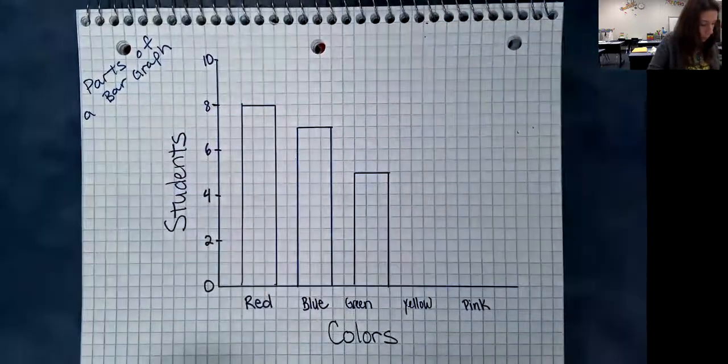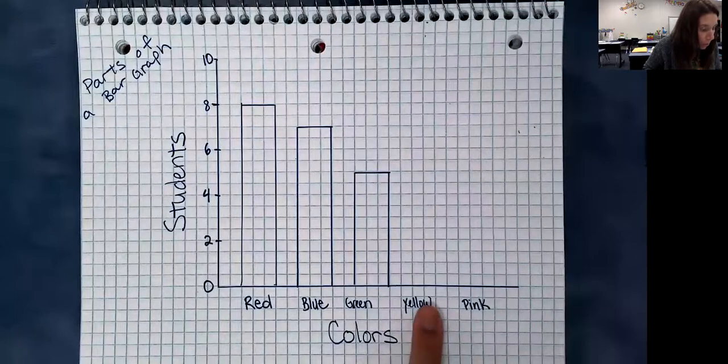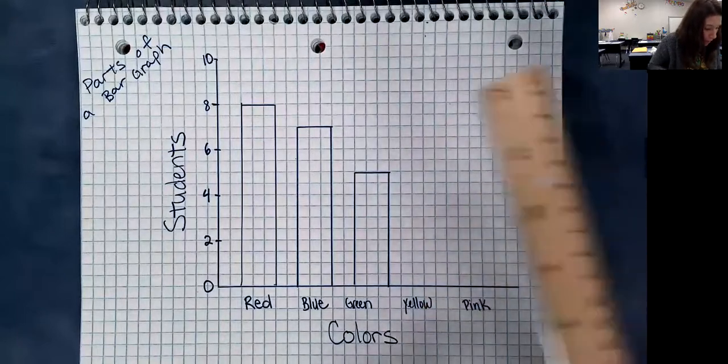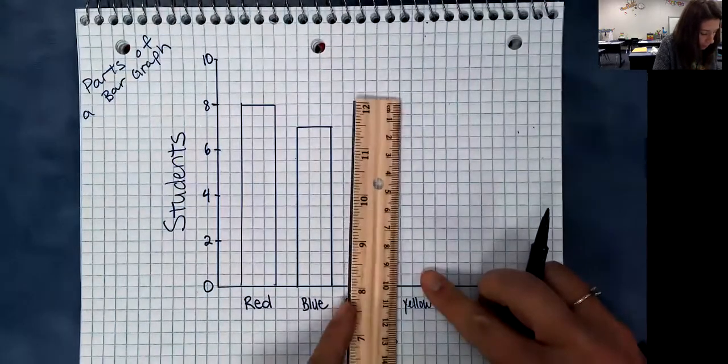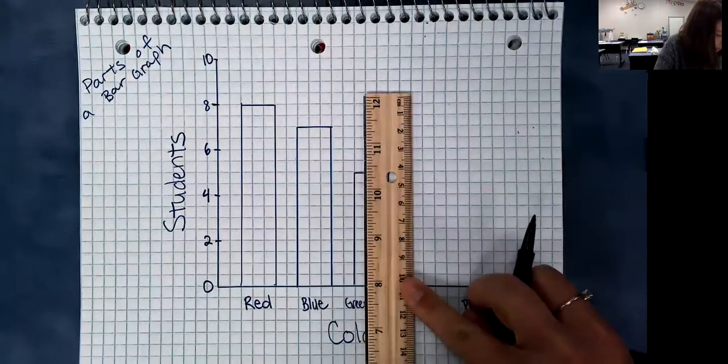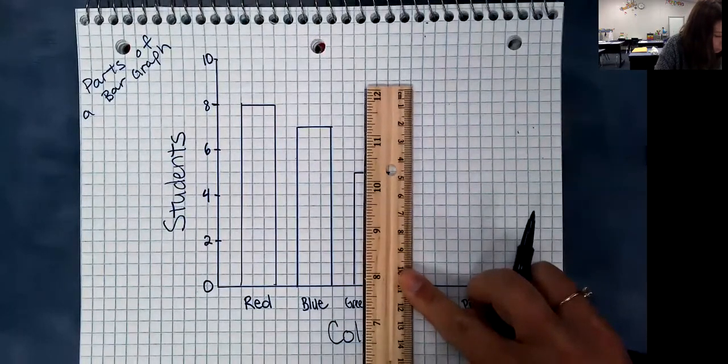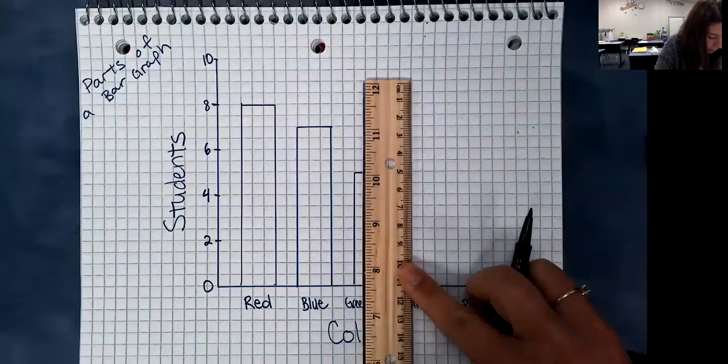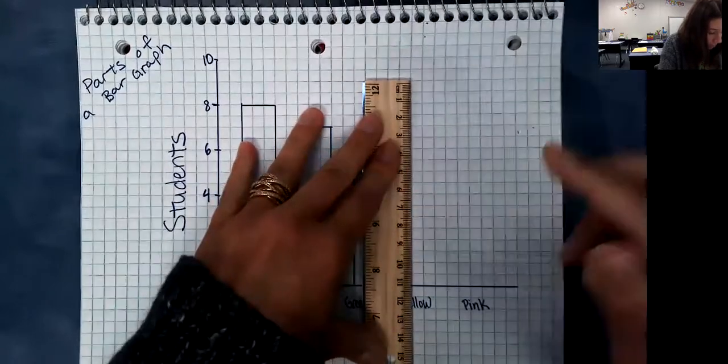Okay, now for yellow, I had 9 students that thought yellow was the best color. So I'm gonna go all the way up to 9, which I know is right in between 8 and 10 because I'm a problem solver.